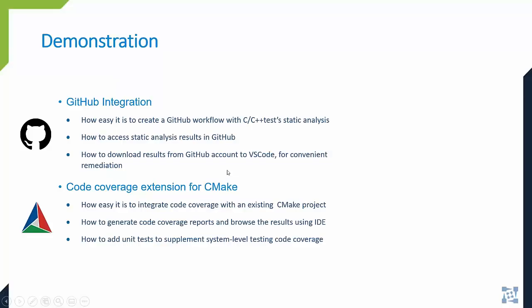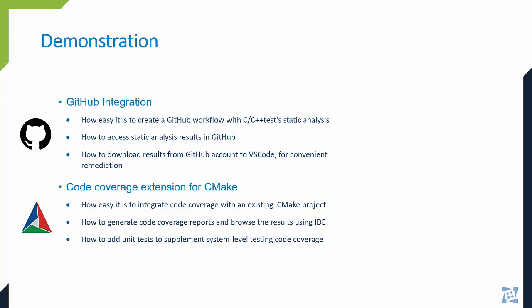So now let's see some of what Ricardo was talking about in action. I'm going to show you two things. We will see how C/C++test GitHub integration simplifies building static analysis workflows and improves developers' productivity. And we will see streamlined code coverage integration into CMake projects.